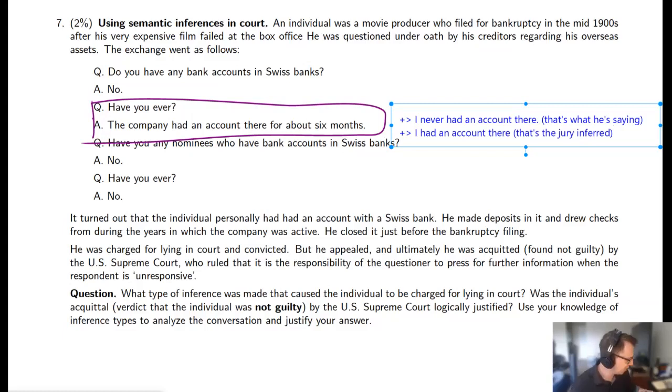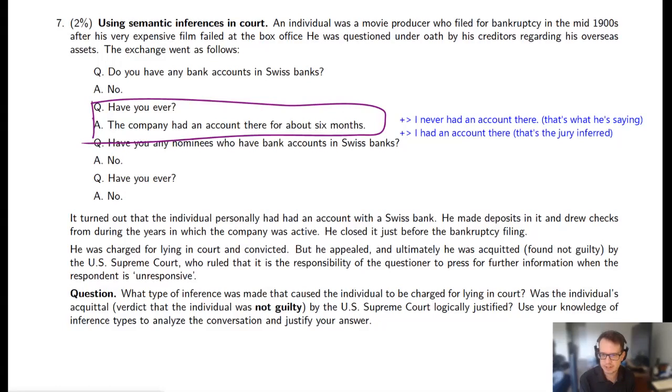So when the original sentence was made, the original verdict, based on this line, it was, okay, you're guilty, you had an account there. So when the US Supreme Court acknowledged this, the claim that they made, which was written here, was that it's the responsibility of the questioner to press for further information when the respondent is unresponsive.